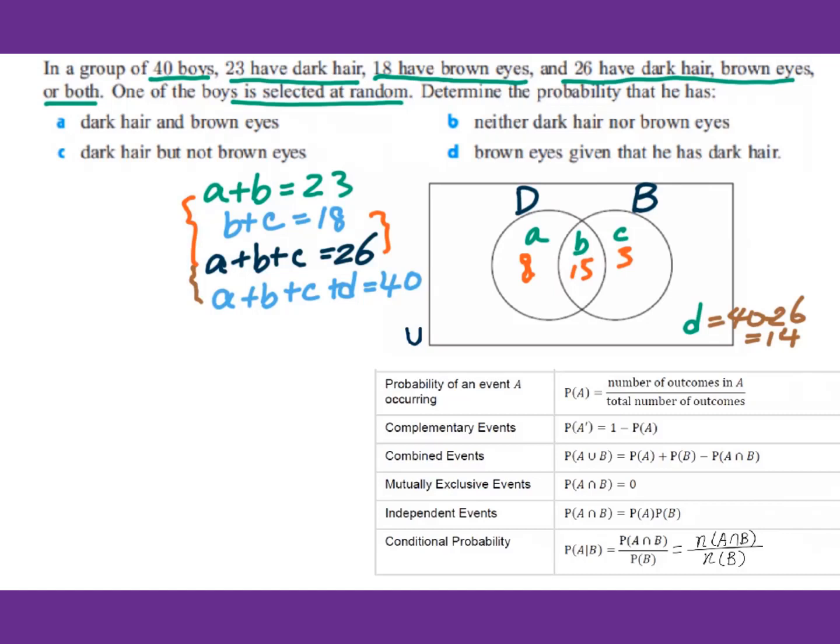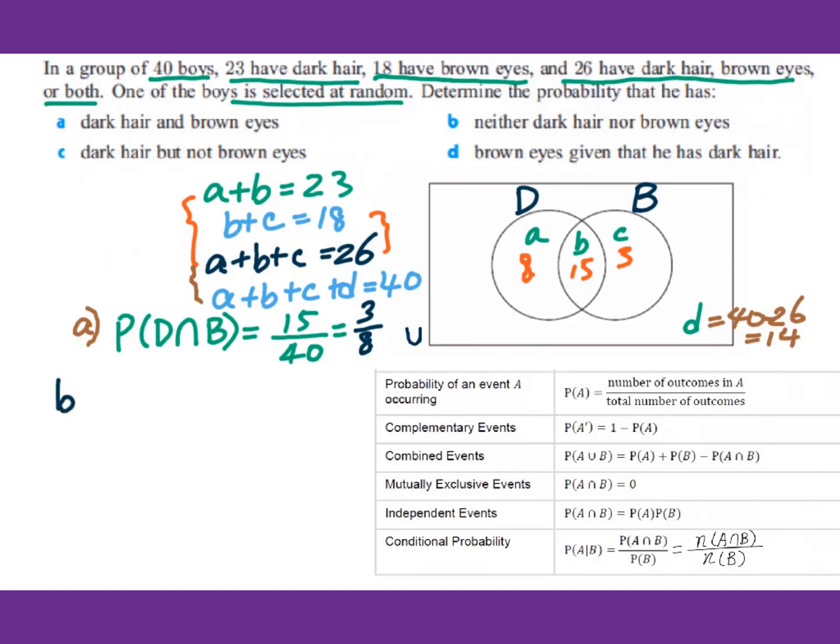After we figure out A, B, C, D, we can go to part A, dark hair and brown eyes. That means the probability of dark hair and brown eyes equals 15 over 40, which equals 3 over 8.